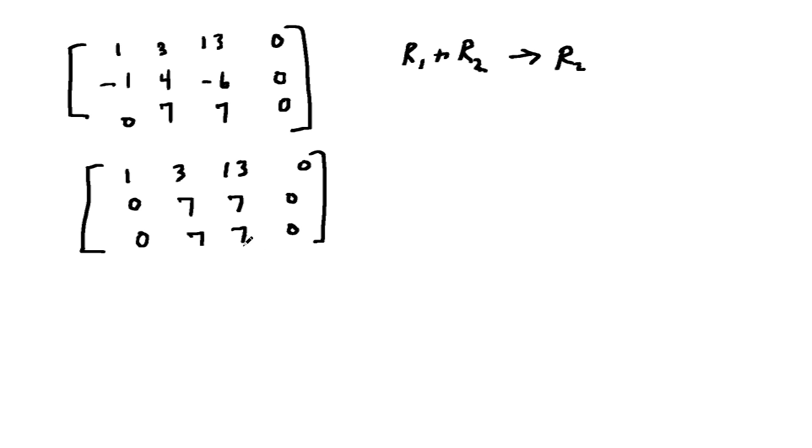Look at the second and third rows. Let's take the second row and subtract the third row. And let's make that our new third row.